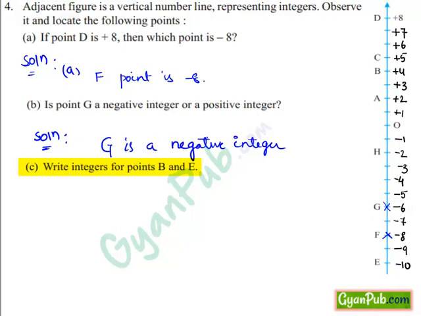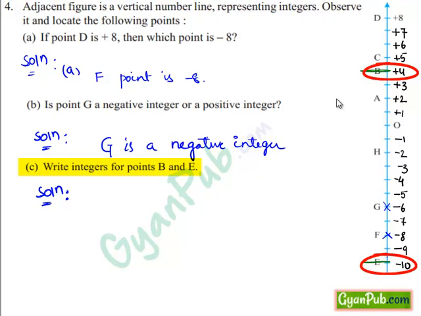The C bit is: write integers for points B and E. Coming to the solution, to write integers for points B and E on a number line, first we will mark point B and point E on this number line.